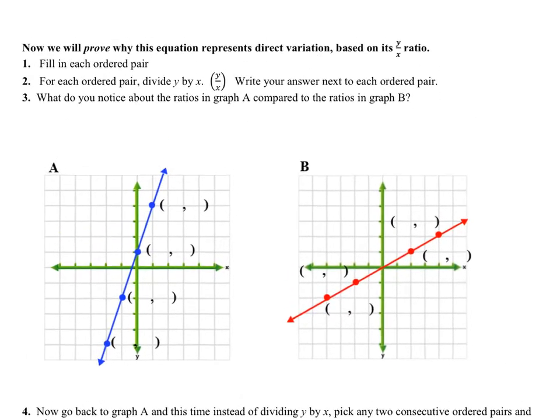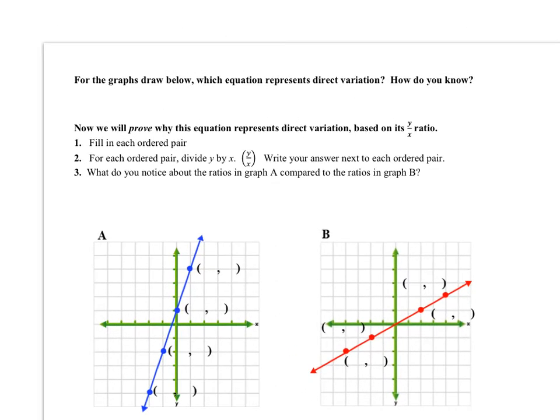So based on that, I would say that graph B is direct variation because it has a y-intercept of 0. Graph A has a y-intercept of 1, so it's not going to be direct variation. So graph B, and it's because it has a y-intercept of 0.